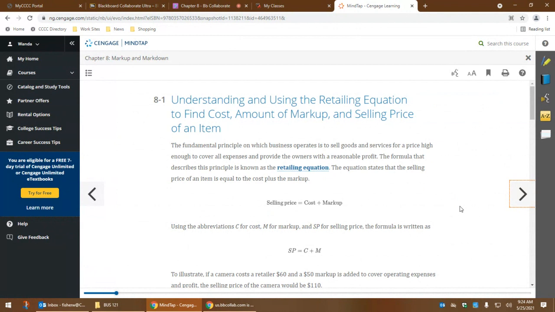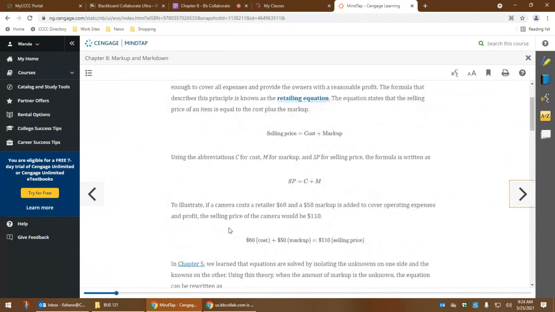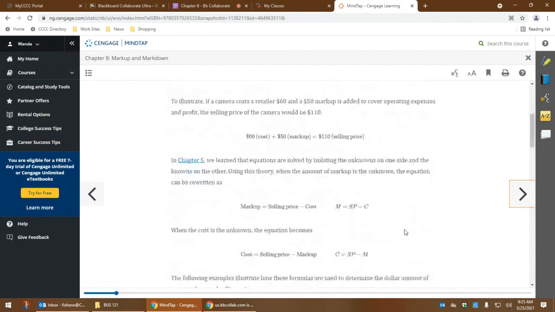They're going to use some abbreviations. SP is selling price, M is markup, C is cost. So for example, if a camera cost a retailer $60 and we had a $50 markup added to it to cover our operating expenses and profit, the selling price of the camera would be $110. $60 cost, $50 markup, $110 selling price.